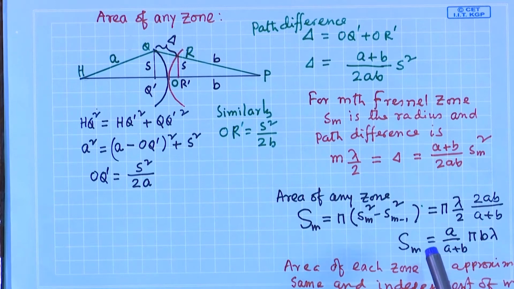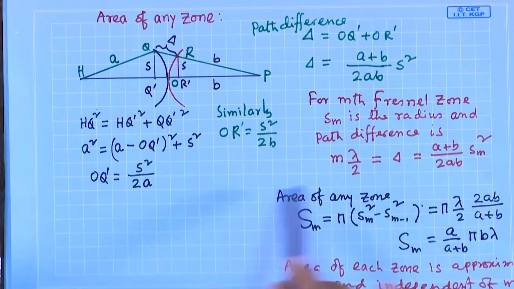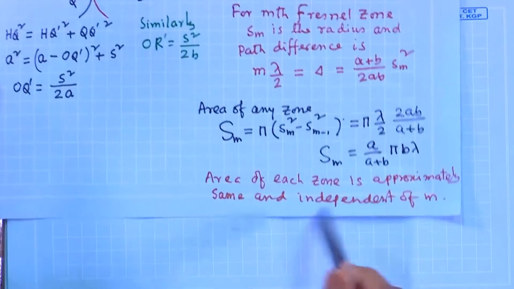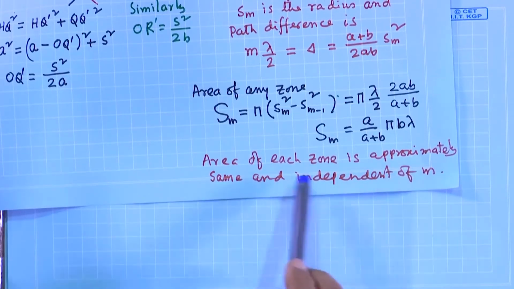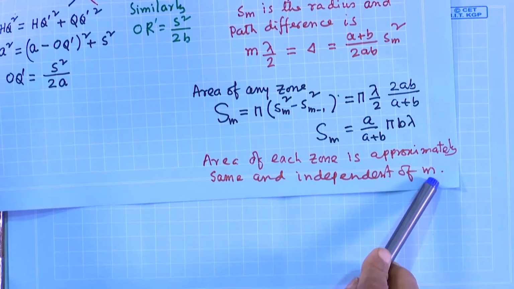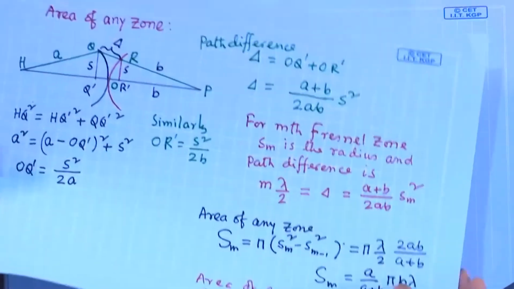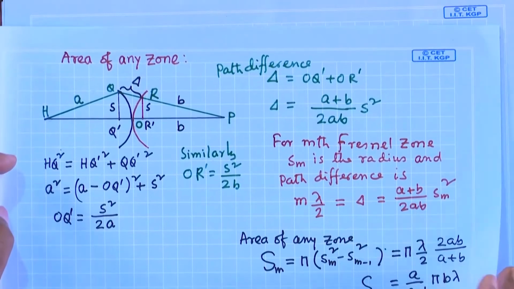So that is why this can be the area of any zone. The area of each zone is approximately the same, because of some approximation we have taken, and independent of m. So these are the Fresnel zones we constructed.